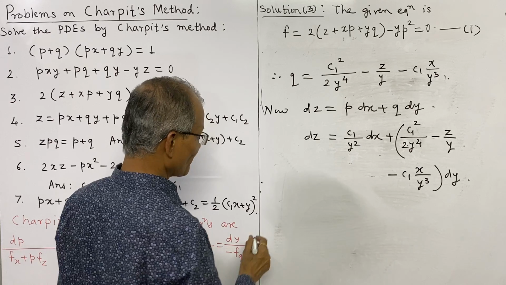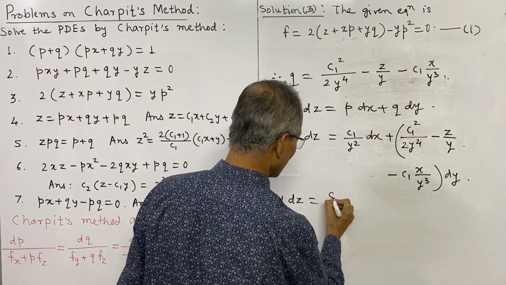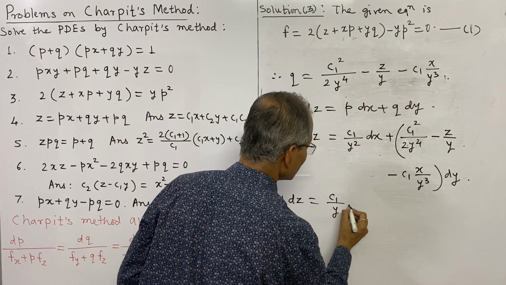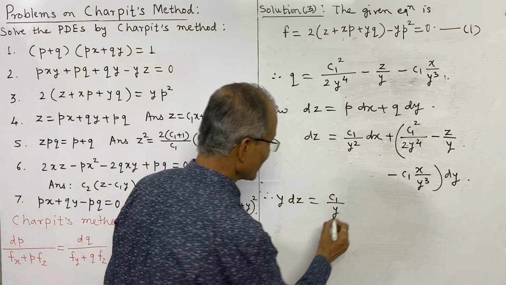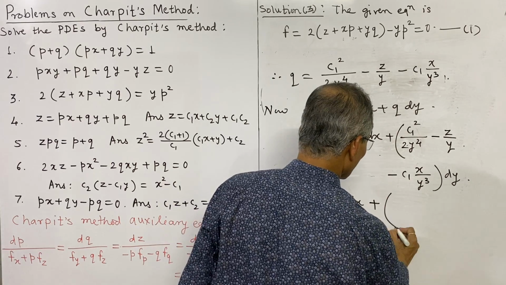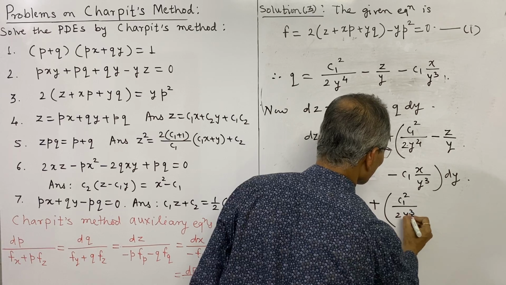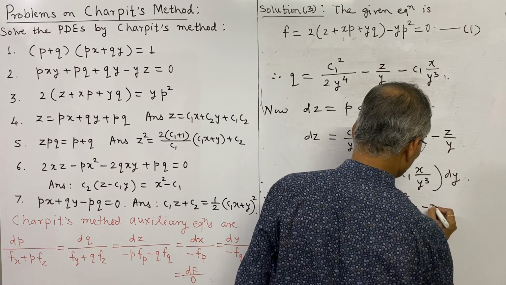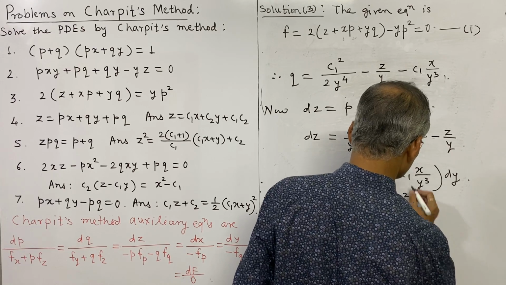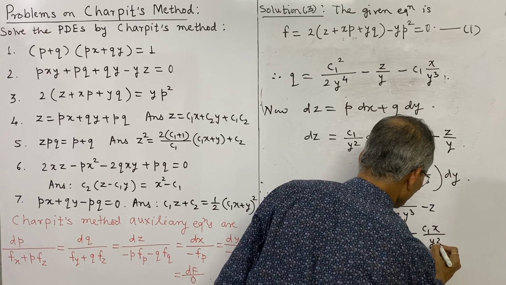So multiplying by y, that gives y times dz is equal to c1 divided by y, multiplying by y, c1 power reduces, c1 upon y into dx, plus, in bracket, c1 square divided by 2y cube, minus z, and then minus c1 x divided by y square, into dy.